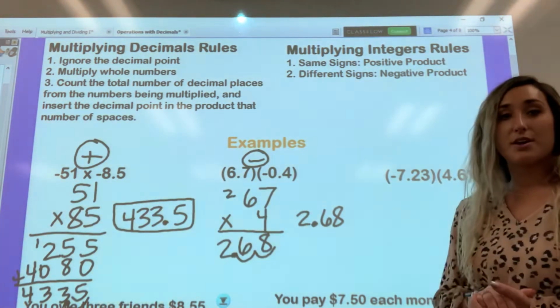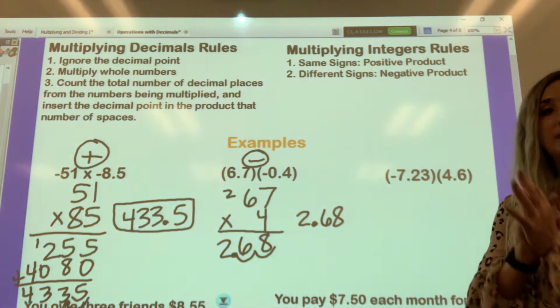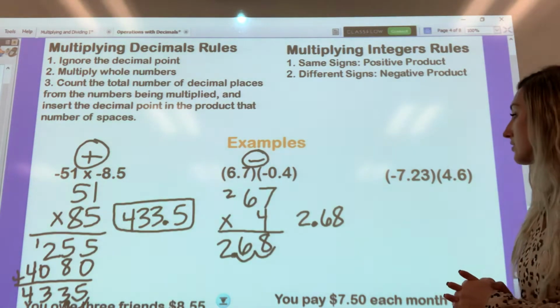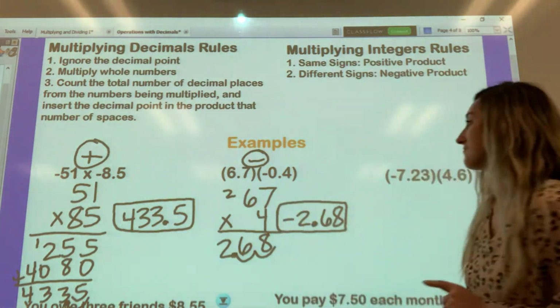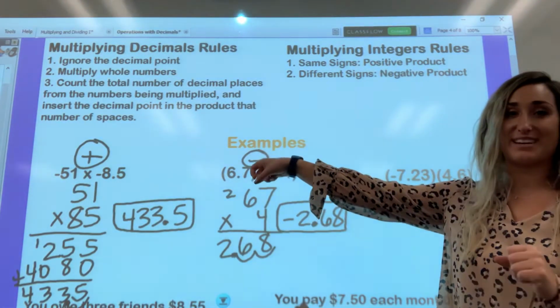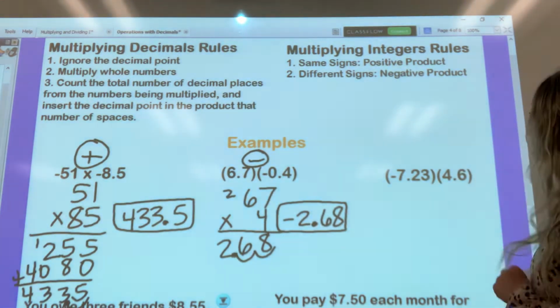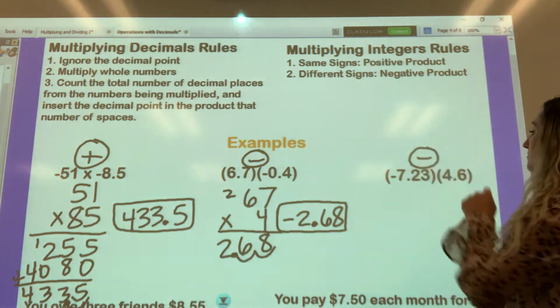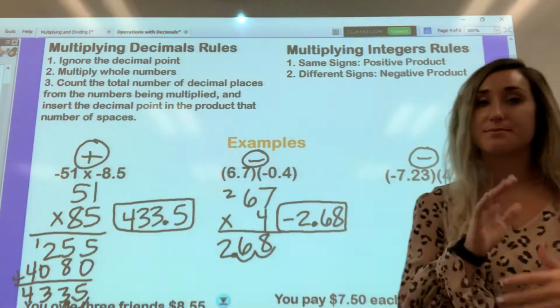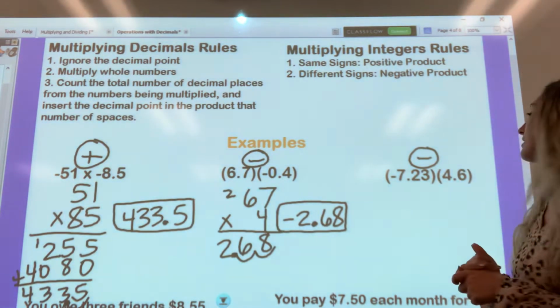So then over here, we have another example of negative times positive, making our answer, oh shoot. Don't forget, we said our answer was negative. I almost forgot. And again, here we'll have a negative answer, because a negative times a positive is a negative.